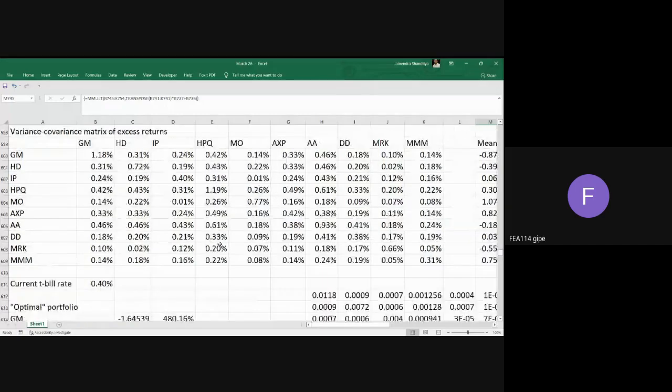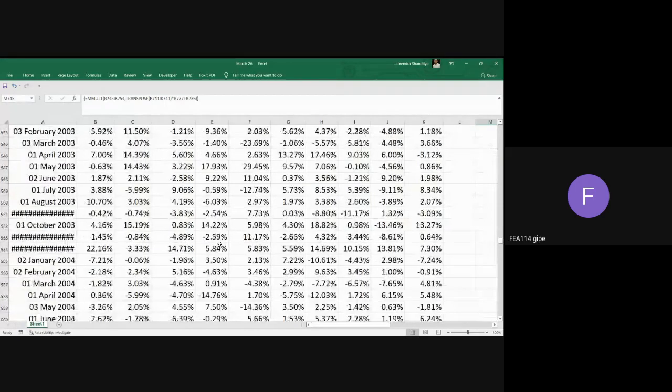Yeah. So tell me which row you are saying?